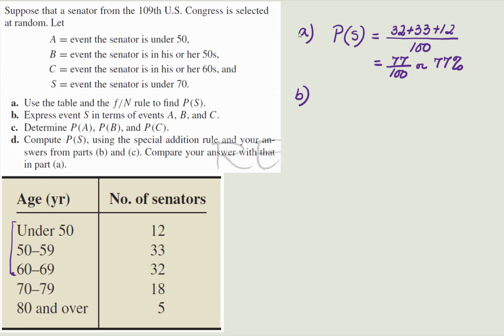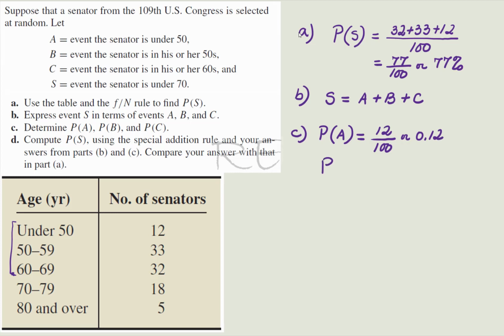Express S in terms of A, B, C. So S will be the sum of the senators under 50, A, plus the senators in their 50s, B, plus the senators in their 60s, C. To determine the probability of A, we're going to divide 12, which represents the number of senators under 50, by 100, or 0.12.